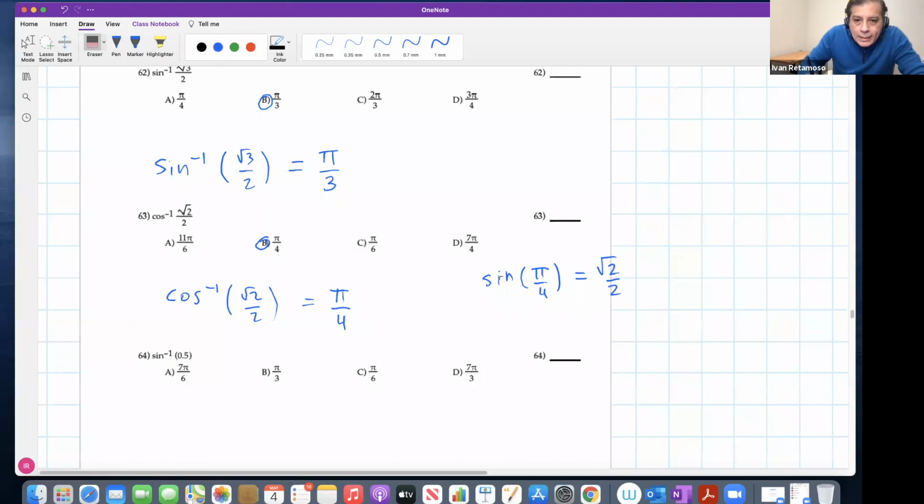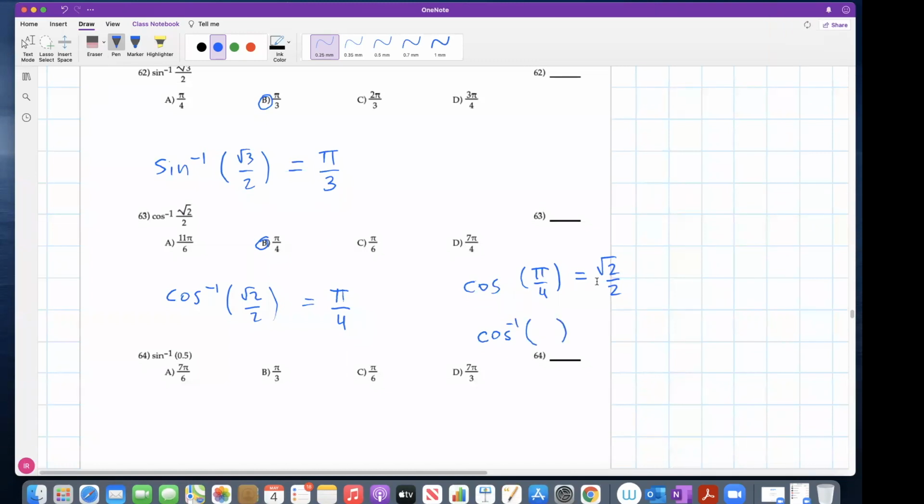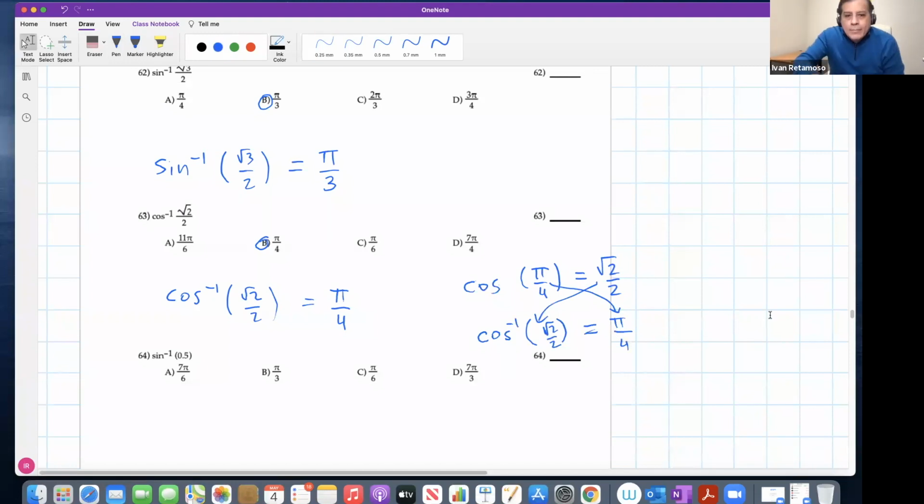Cosine of pi over 4 is the square root of 2 over 2, we agree. But the idea of this cosine inverse is to say this in reverse. Now you remember. You put this here, and you just say it in reverse: this should be pi over 4. You switch. Very good. Great, guys.